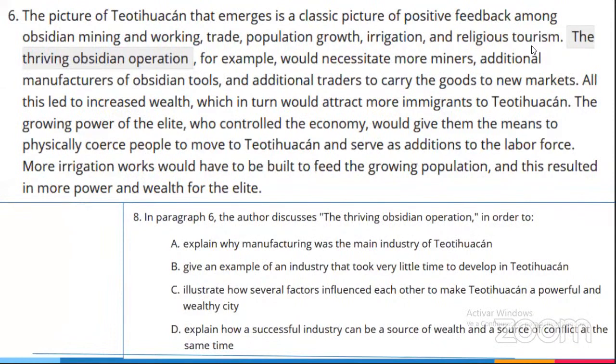Okay, thank you so much, Fernanda. So now I'll give you all 2 minutes to read the paragraph. Please read and try to figure out what the answer could be.